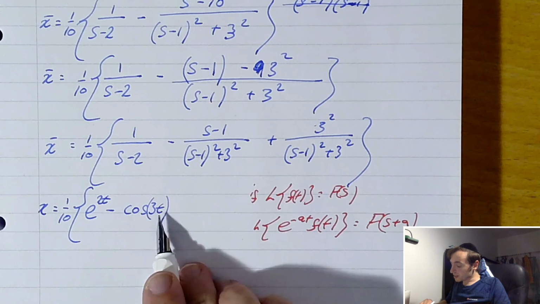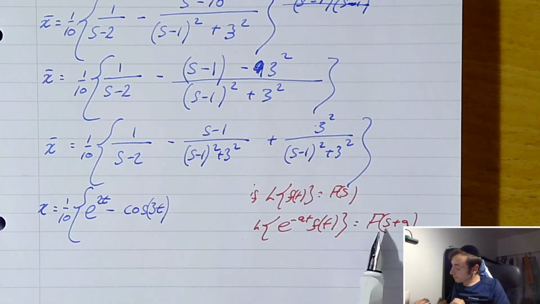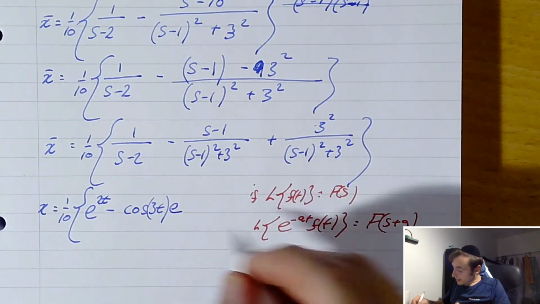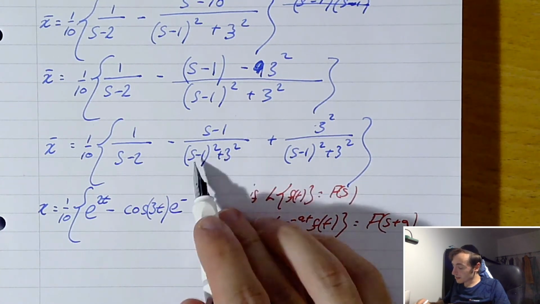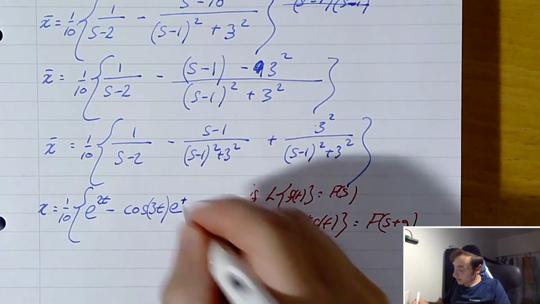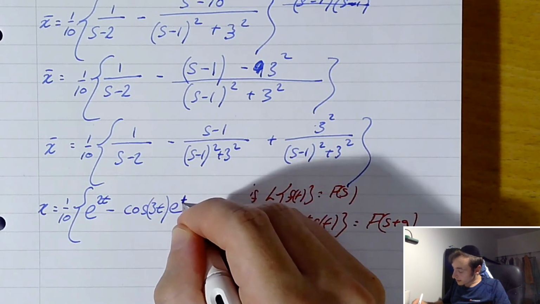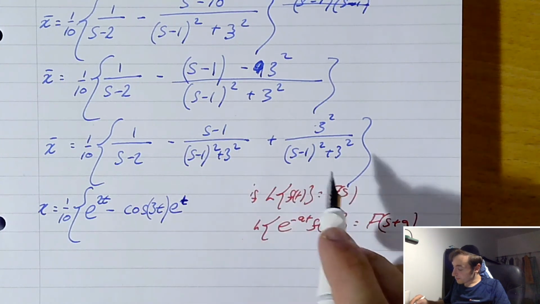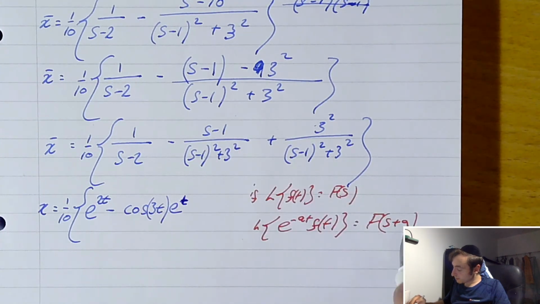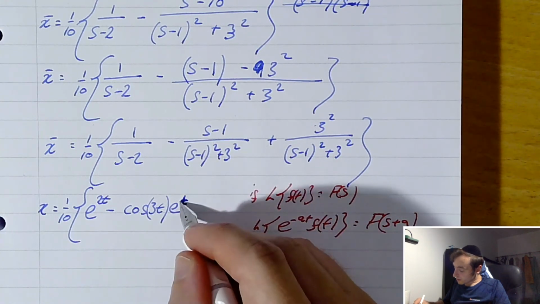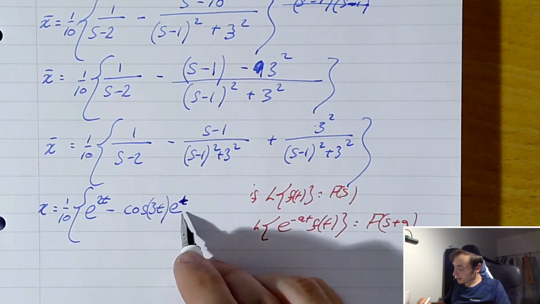So that's going to be cosine 3t, but we've got a shift. Remember, F of s plus a? So that's going to be multiplied by e to the minus at, and it's not the same a, it's going to be the a that uses the shift. And it's actually going to be positive here, e to the plus 1t, e to the t. Because it's not F of s plus a, it's s minus a here. So that should be cosine 3t e to the t.